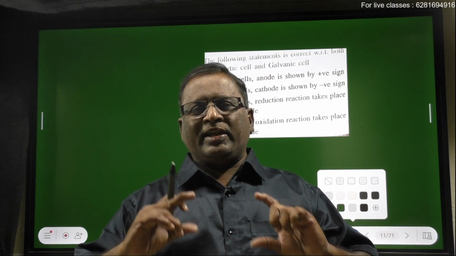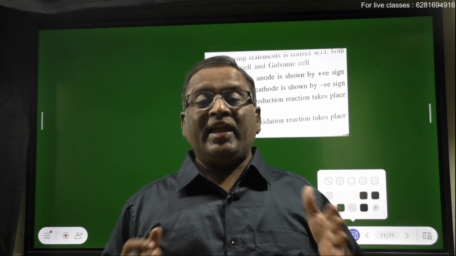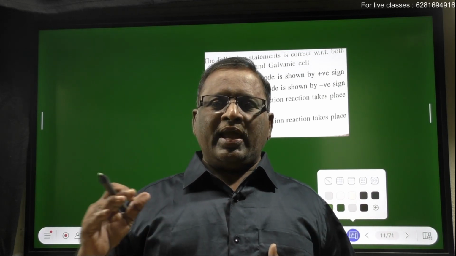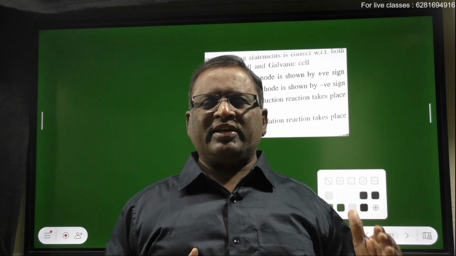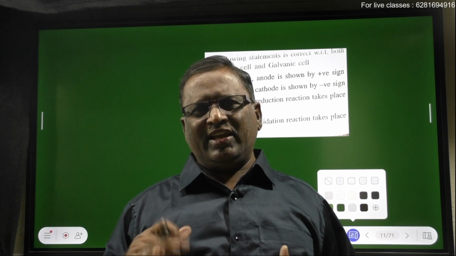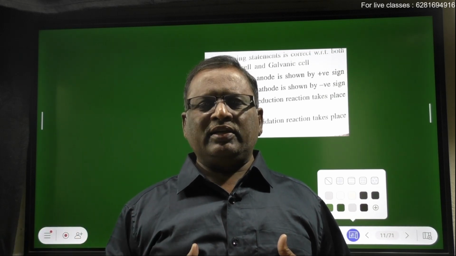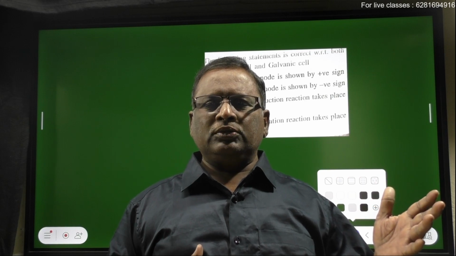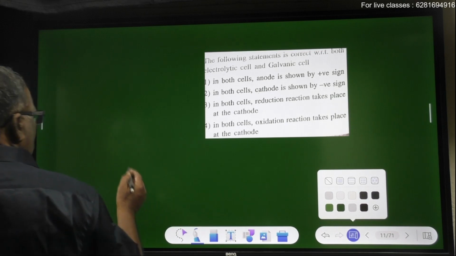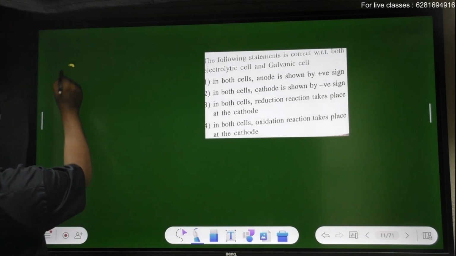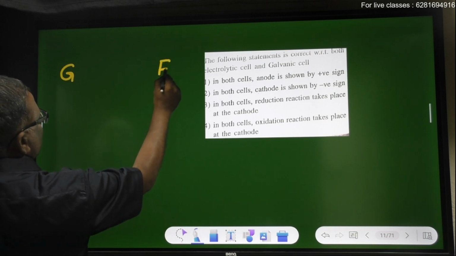But while representing the anode and cathode, in an electrolytic cell, anode is represented with positive sign and cathode with negative sign. Whereas in a galvanic cell, anode is represented with negative sign and cathode with positive sign. So here one is a galvanic cell, another one is an electrolytic cell.